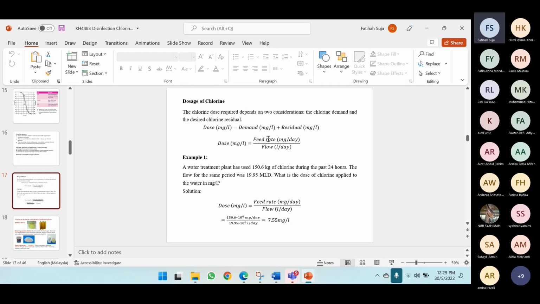That's why it is stated in the guidelines what is the residual needed for your water supply system. So the dose that you provide to the disinfection process is based on demand and also the residual. So the dose is feed rate divided by flow. This is the feed rate, the dose.